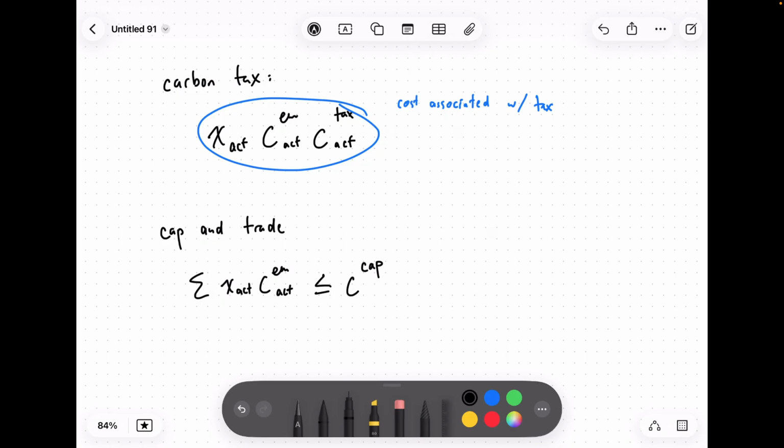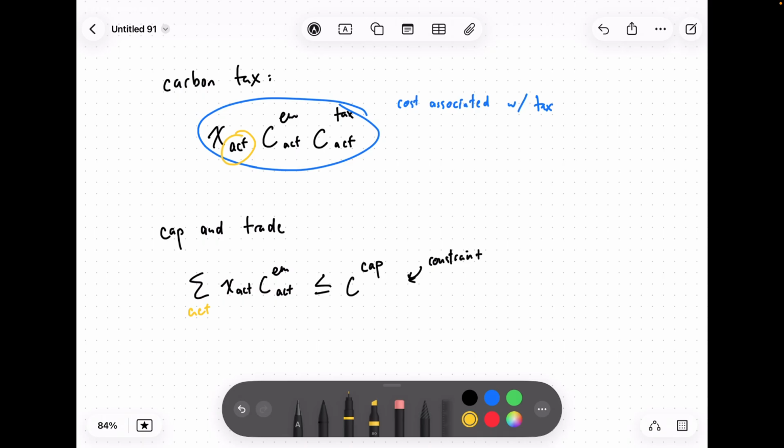So this would show up as a constraint. And as you were saying, instead of knowing just your own activity, you have to know the activity of everyone. And this is absent even any of the trading mechanisms, right?